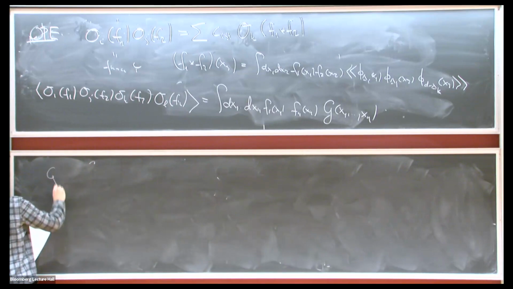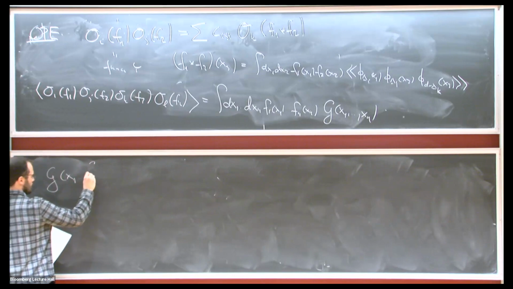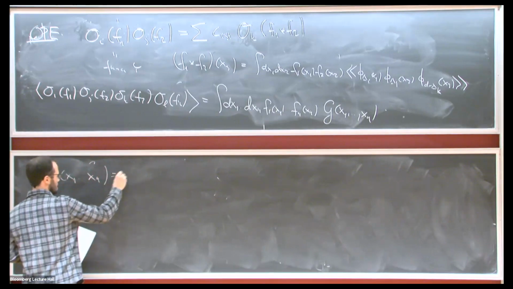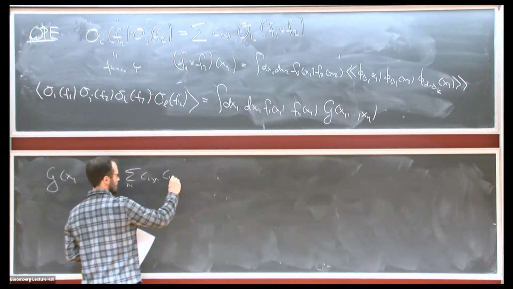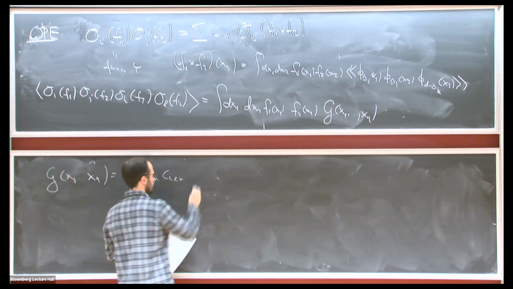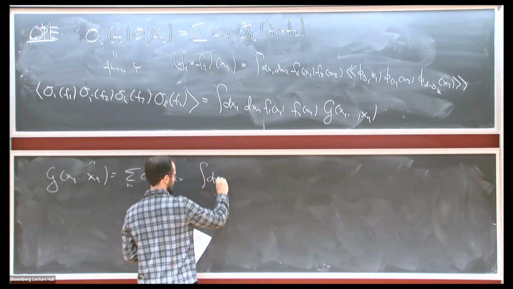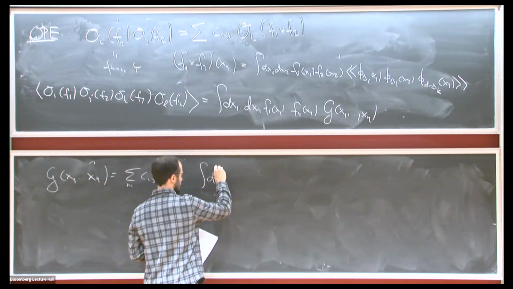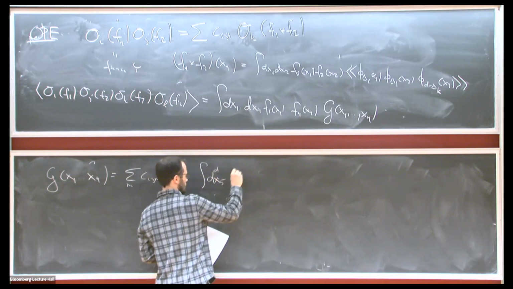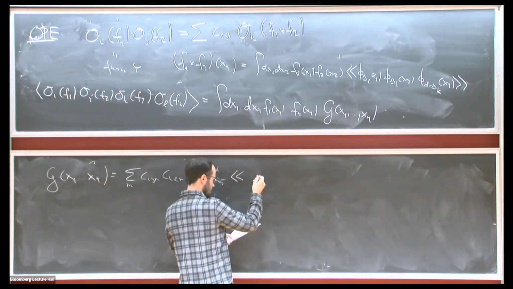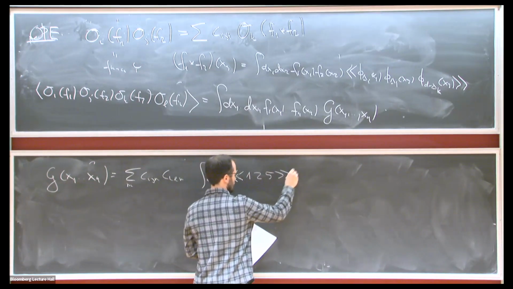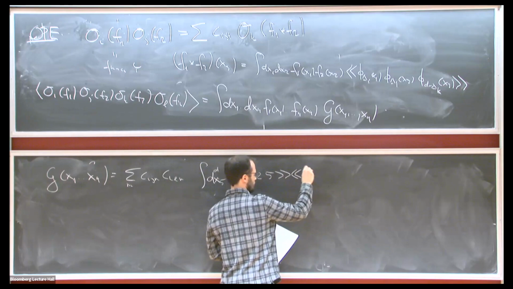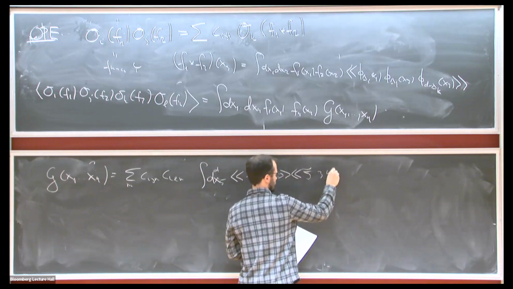Okay, and this G, from what we said so far, can be written as a sum of C_ijm C_klm times this double integral of 2 3-point functions. Let me just write it as 1, 2, 5, and 5 shadow, 3, 4.